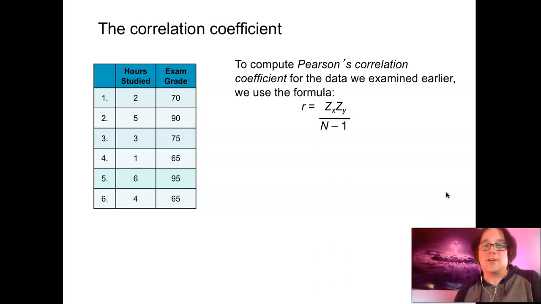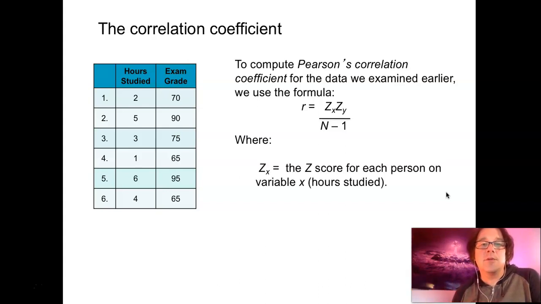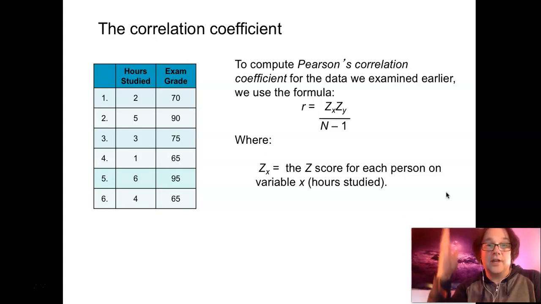Well, when we were plotting it out on the scatter diagram, we put hours studied on the x-axis, and the grade on the y-axis, just because it makes more sense that way to visualize it. So when we take a look at this formula, the z of x is the z-score for each person on the variable x, or hours studied.